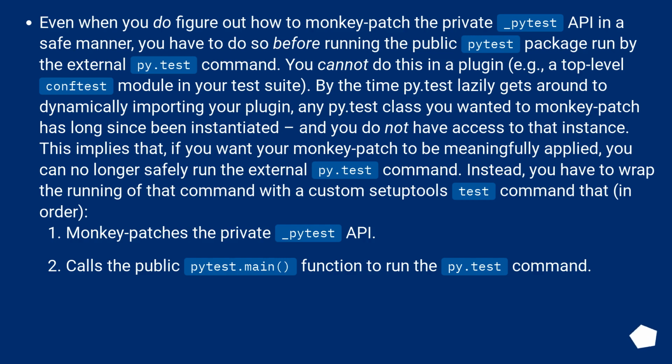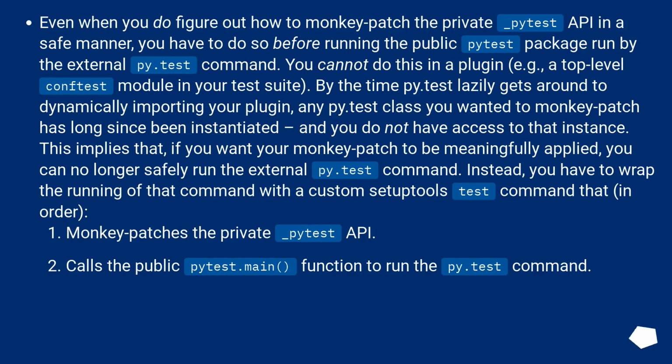Even when you do figure out how to monkey patch the private _pytest API in a safe manner, you have to do so before running the public pytest package run by the external py.test command. You cannot do this in a plugin, for example, a top-level pytest module in your test suite. By the time py.test lazily gets around to dynamically importing your plugin, any py.test class you wanted to monkey patch has long since been instantiated, and you do not have access to that instance.